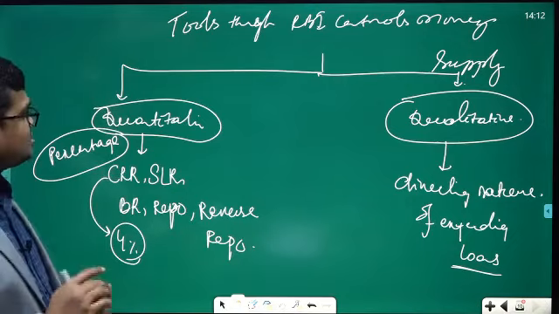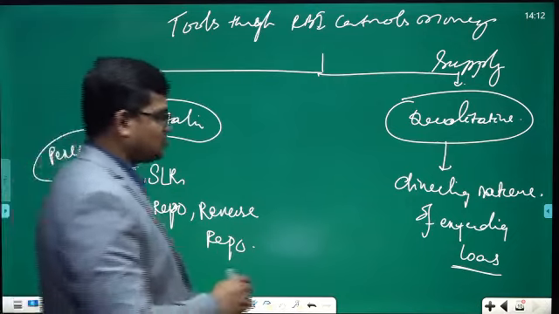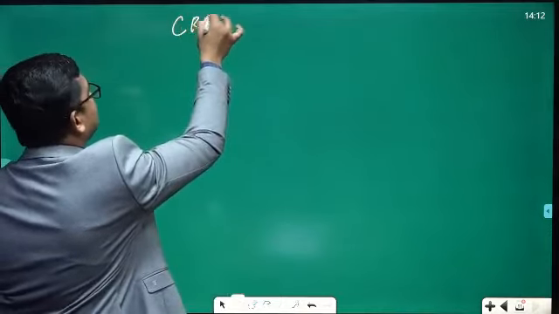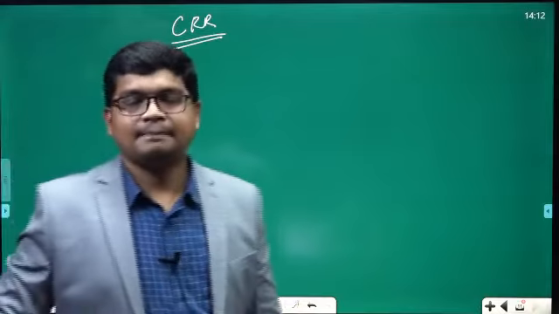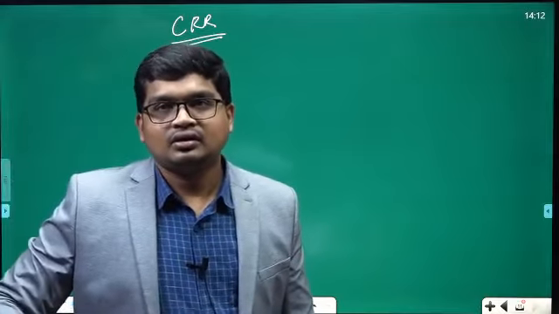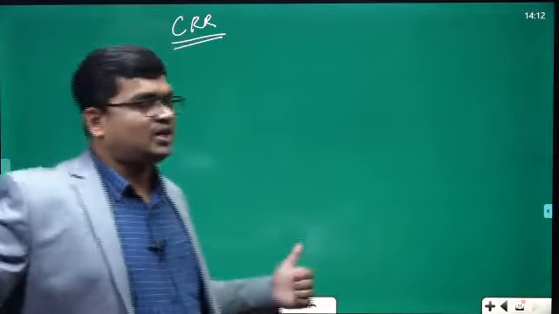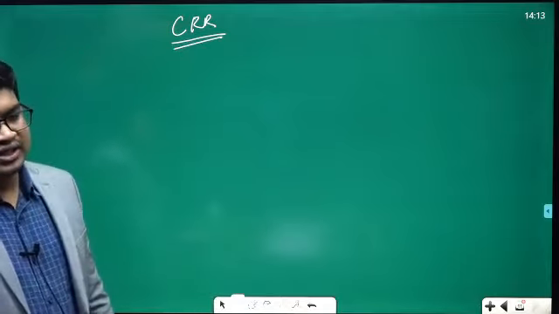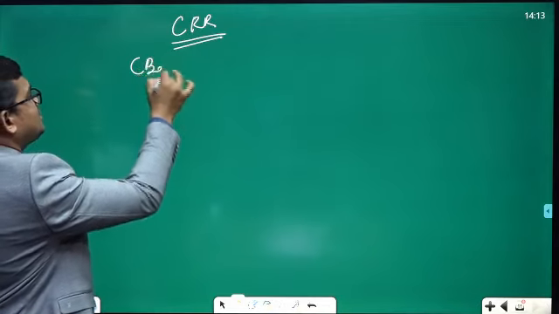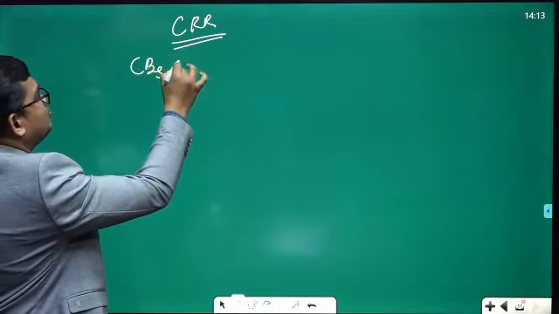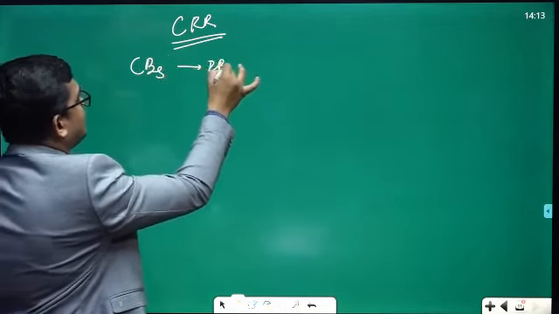And the first such instrument under quantitative, which I have already introduced before you, is CRR, cash reserve ratio. The full form of CRR is cash reserve ratio. Commercial banks must keep deposits with RBI.